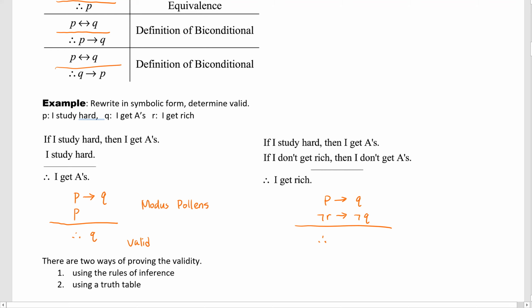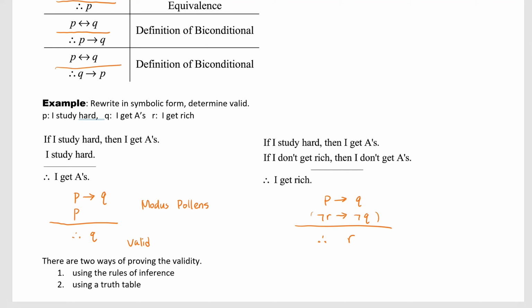Okay, so let's see. Is this a valid statement? P implies Q. So not R implies not Q. Well, this one, I don't want to use the arrow. Arrow is really the implication, okay?